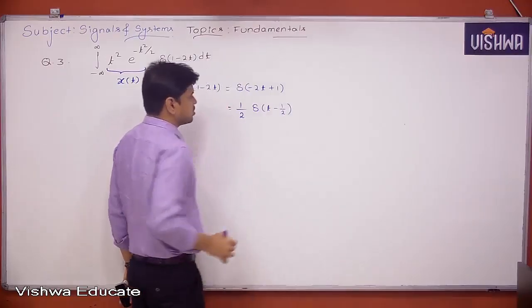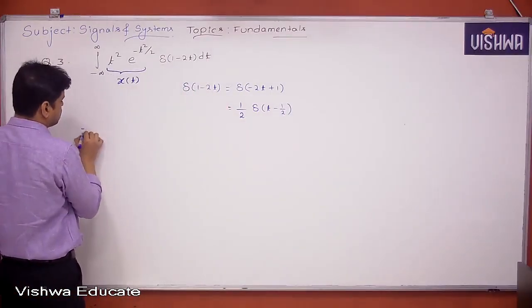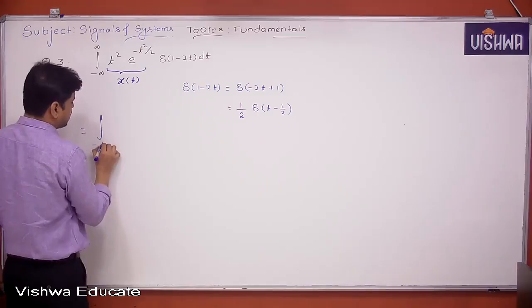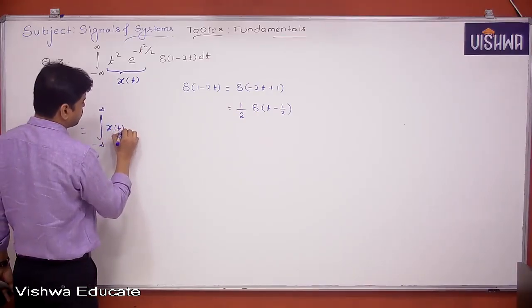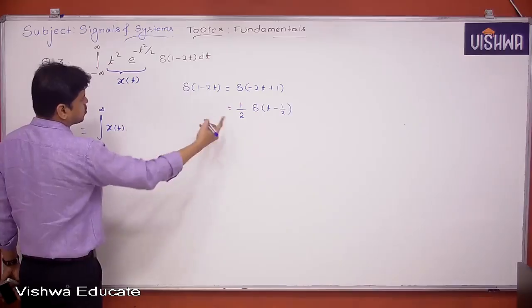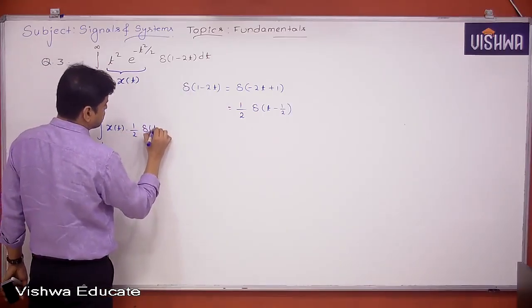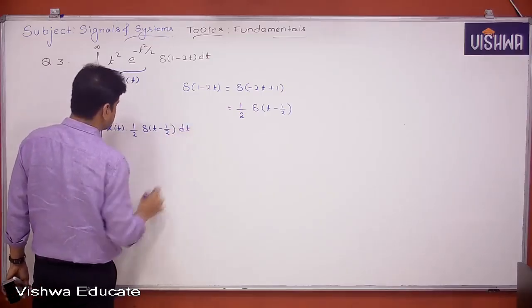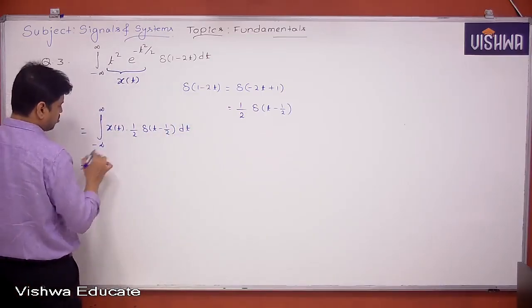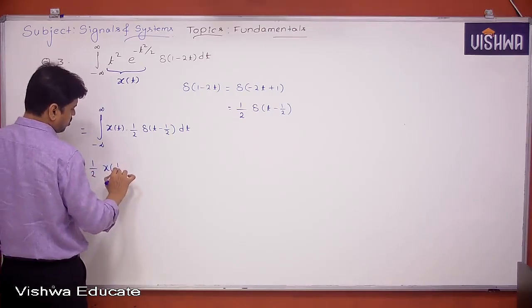That's what it is. So if I replace it with this, the integral will become integral from minus infinity to infinity of x of t, delta of 1 minus 2t can be written as 1 by 2 delta of t minus 1 by 2, dt. So if I take 1 by 2 common out, 1 by 2 x of 1 by 2.